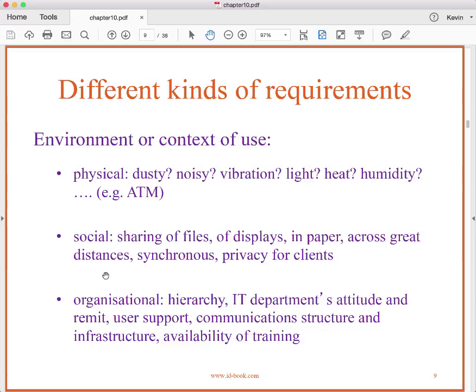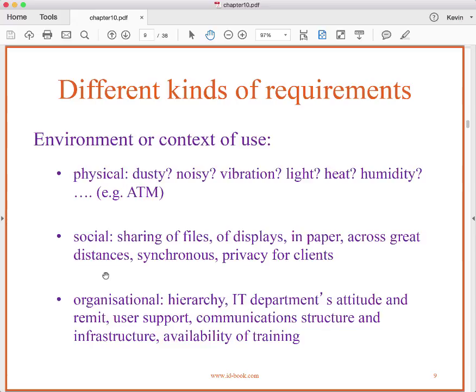And then we have the organizational environment as well. So we have the hierarchy of the whole overall organization, who's responsible for what, who has what kind of power and control, what the IT department's attitude and remit are, and remit is sort of a British expression for charter.